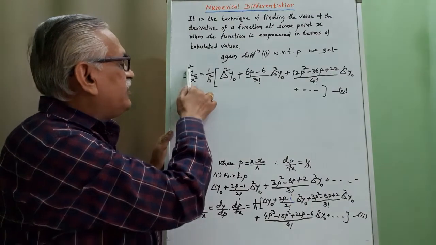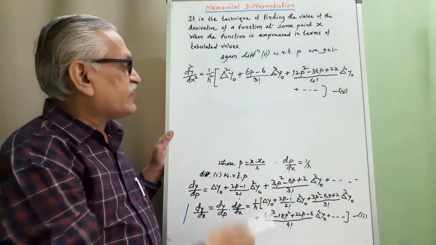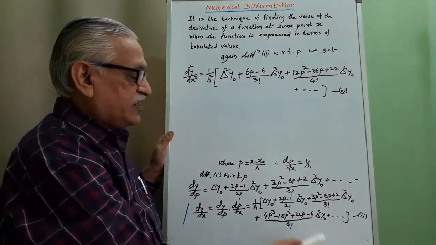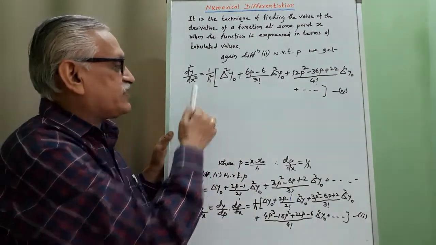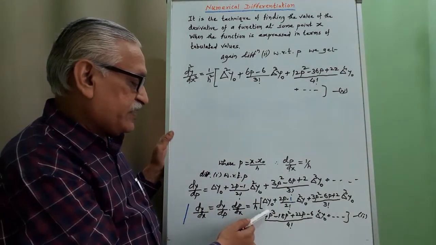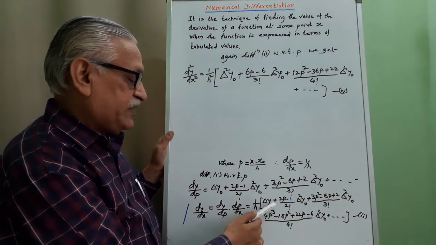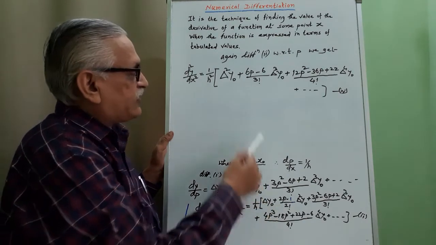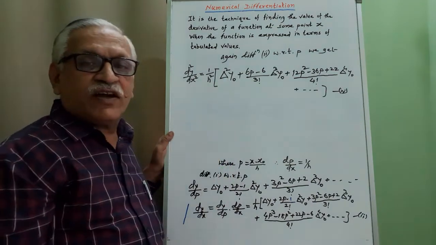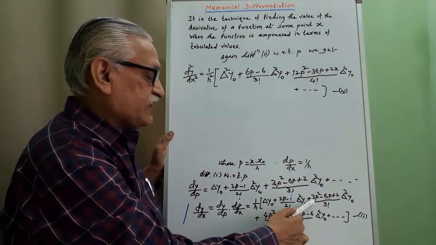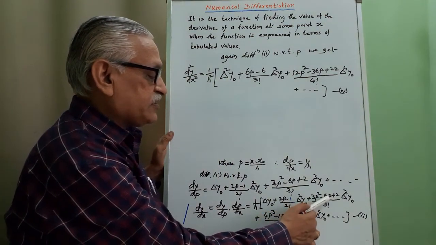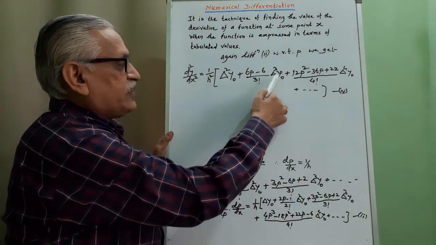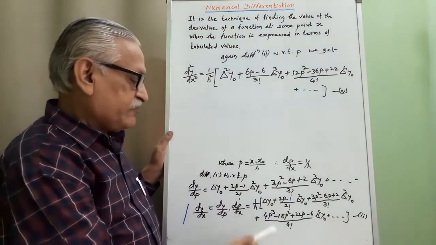We get d2y by dx square is equal to 1 by h into that 1 by h, it becomes 1 by h square, and then differentiating each and every term with respect to p. Its derivative is 0, its derivative is 2 divided by 2 factorial, we get del square y0. Its differentiation is 6p minus 6 divided by 3 factorial into del cube y0.